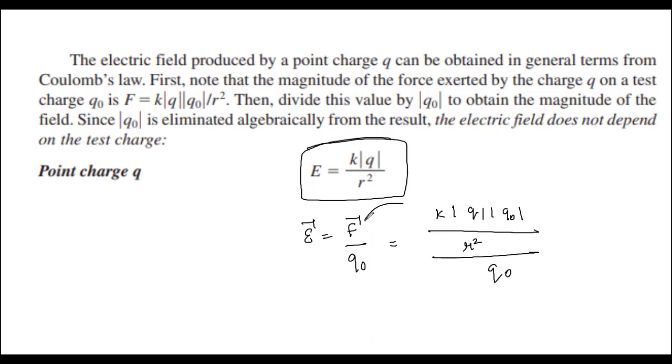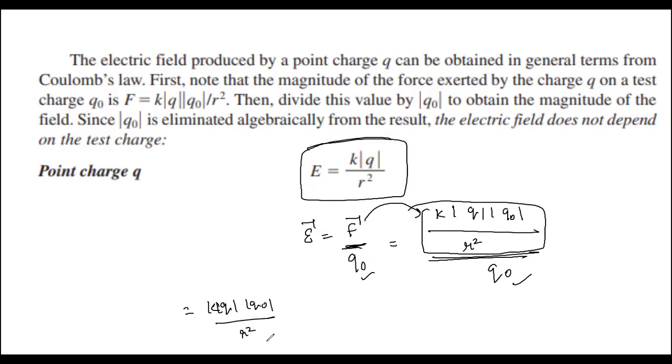I plugged in simply the F value over here, and then divided by Q naught. If I try to simplify that, it should look like K Q Q naught over R square, and Q naught.